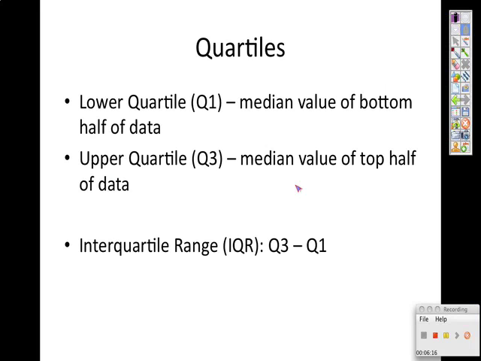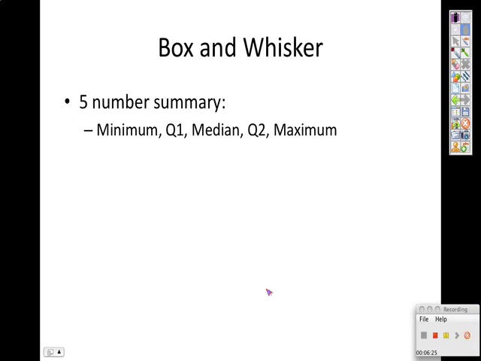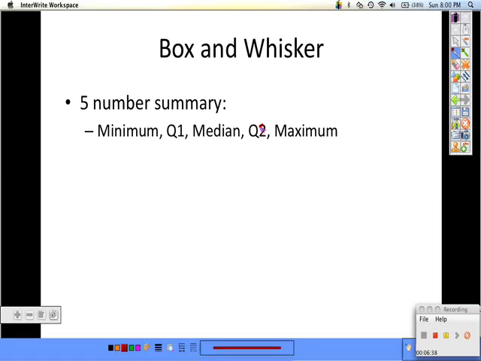Then we also talk about the interquartile range, or the IQR, and that's found by taking Q3 minus Q1. The 5-number summary are the 5 numbers associated with the minimum, the maximum, and then Q1, Q3, and the median.